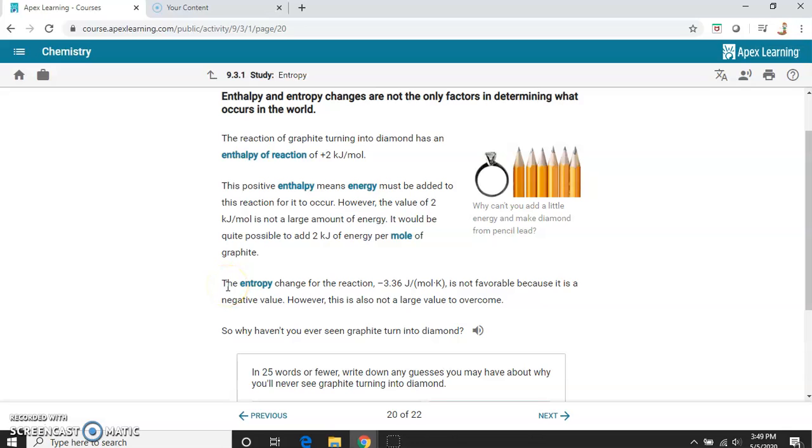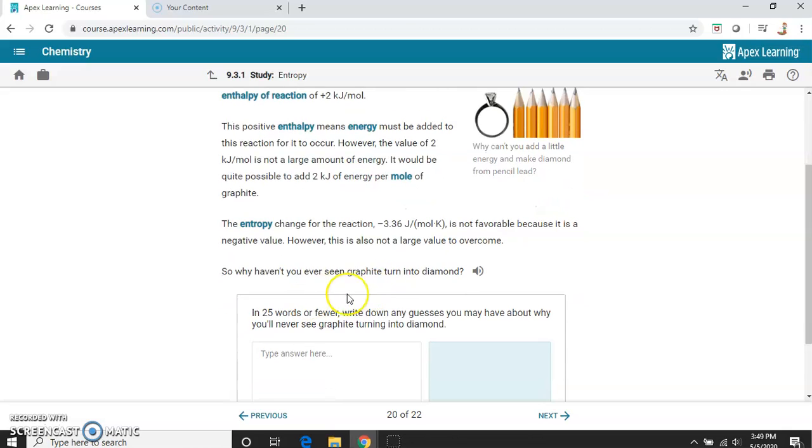Well, what I just showed you there, we just talked about the entropy, and it's really only a negative 3.36, but it's not favorable because it's negative, meaning it's going to the more ordered state. However, it's not a big value, so why can't we ever see graphite turn into diamond? Why don't I just go outside, add a little energy, and change my pencil lead into diamond?